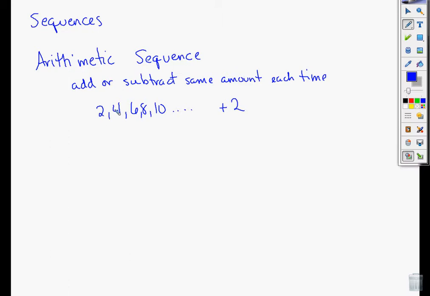Right? Does that make sense? I go plus 2, plus 2, plus 2, plus 2, and I'd keep going forever, and I would keep adding 2. Or if I had one where I started with 55 and then I go down to 50, 45, 40, etc., I'm subtracting 5 each time.